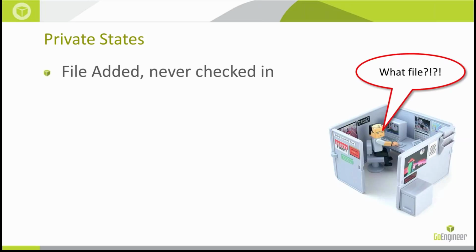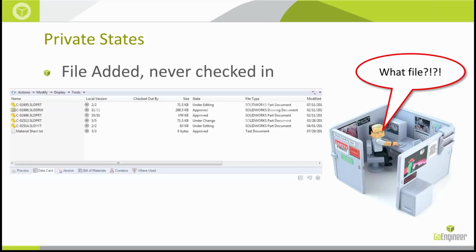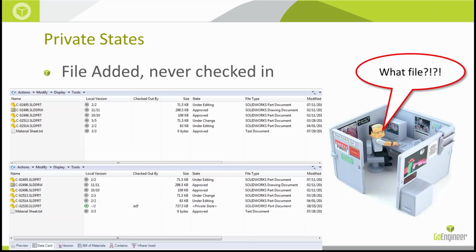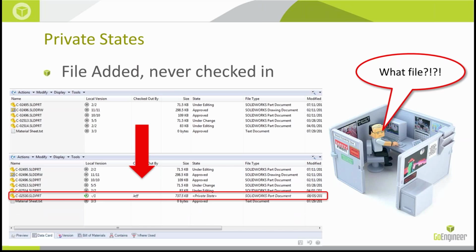Well, we've now got a permission that can be set so that users know if that file actually exists. So it takes this, which is what we would normally see in a folder, and if you had created a file and hadn't checked it in yet, it turns it into this. It shows me that the file exists.